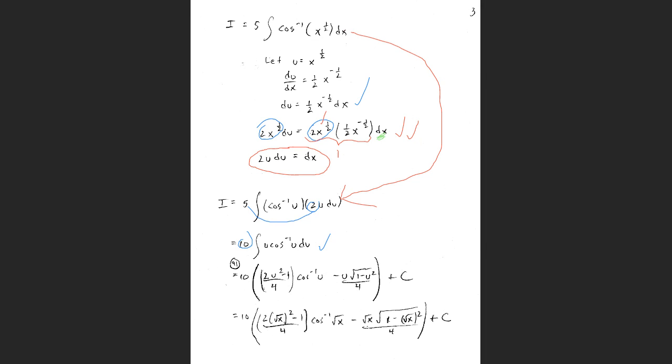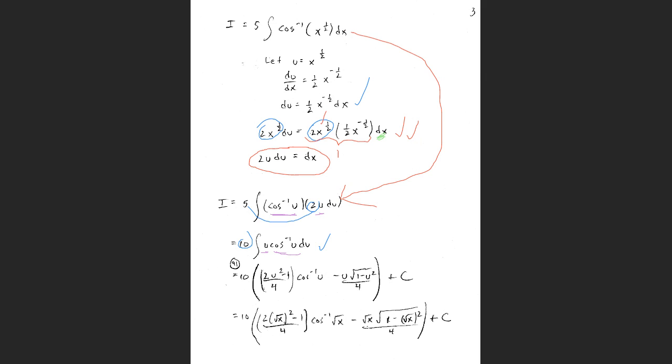Sure. I see. I mean, everything's being multiplied here. The arc cosine of u times u is the same as u times the arc cosine of u. So, yeah. Good question, good question.